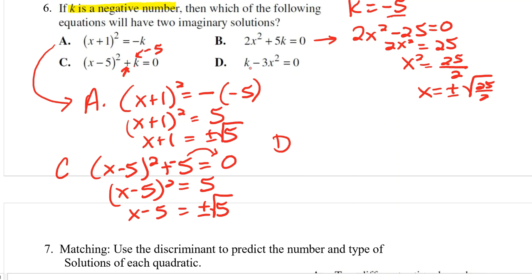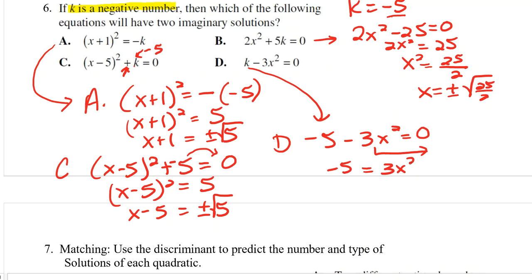So in letter D, for the K value, I'm thinking -5 as an example, simply as an example of a negative number. So if we moved the 3x squared term to the other side to make it positive, and we divided by 3, then our next step would be taking the square roots of a negative number.